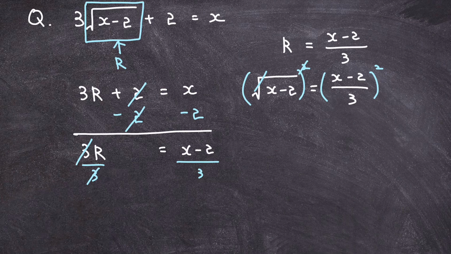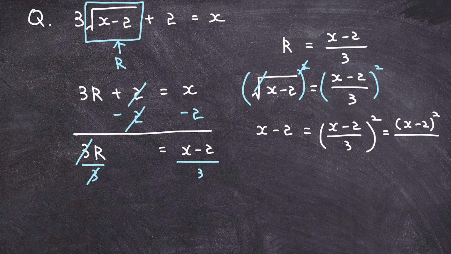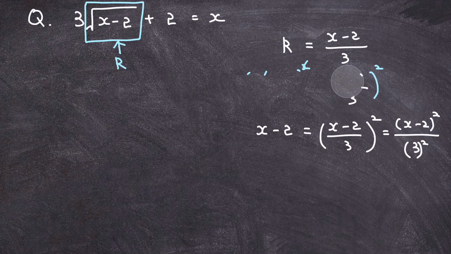If I do that, I am left with x minus 2 is equal to x minus 2 over 3 squared. And that's also equal to x minus 2 squared over 3 squared. Good so far? So let's go ahead and solve this equation.